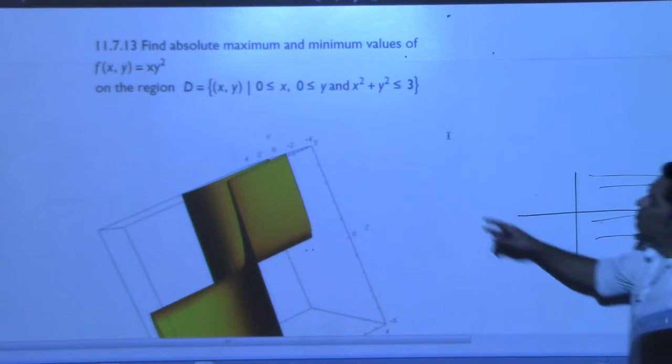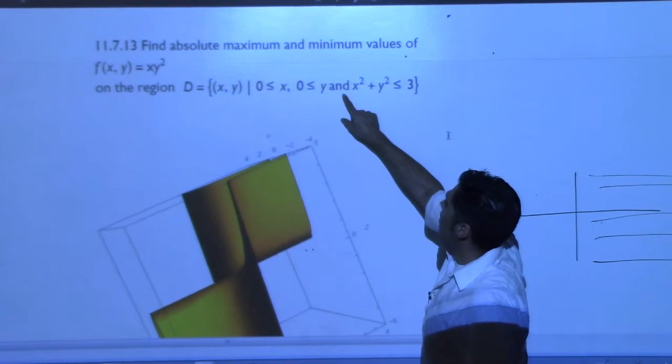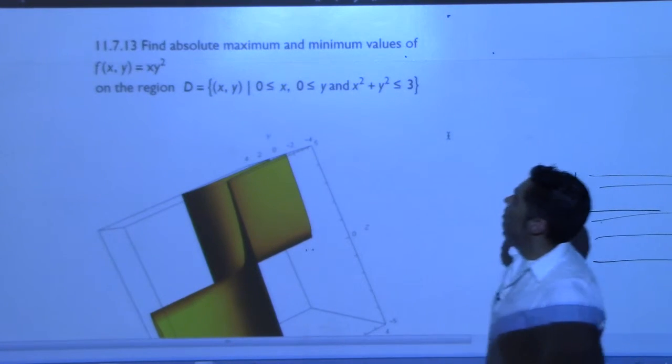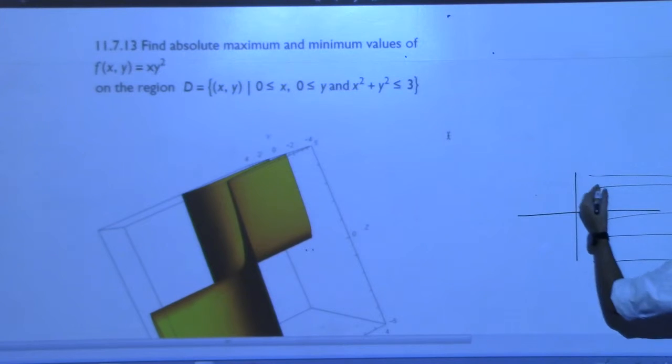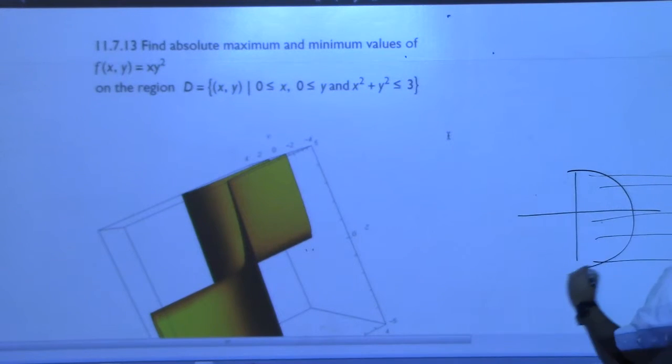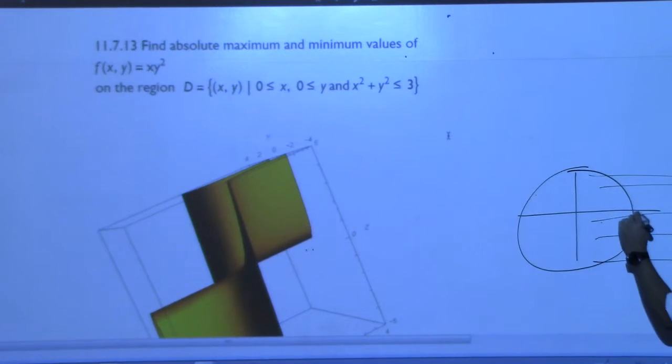But also, we must have that x squared plus y squared must be less than or equal to 3, which means you've got a circle with a radius of √3. And so it's wherever these two things overlap.